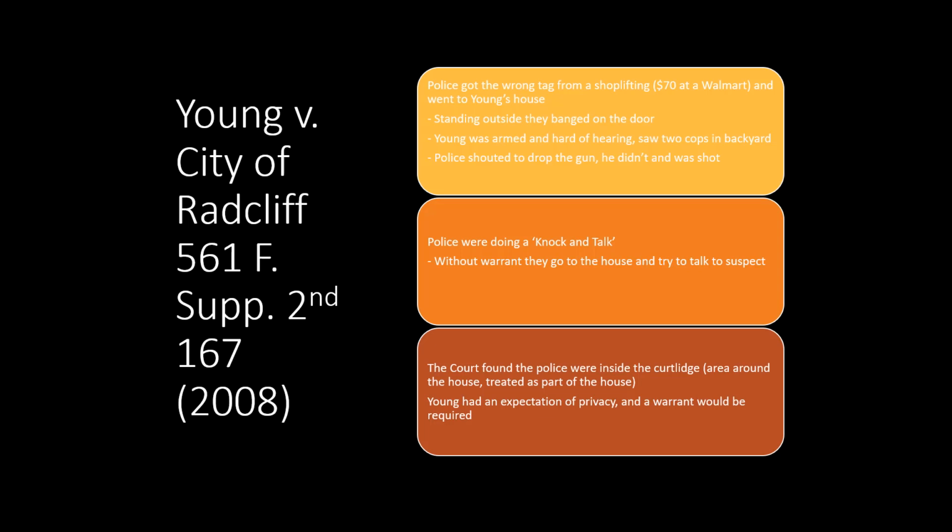Basically, what the police were doing is they went and got an arrest warrant, but not a search warrant. Now, the interesting thing is it's the wrong information, okay? Young was not at the Walmart, nor in any way involved with the shoplifting. However, his tag, and we're talking about the license tag that he had in his car, was wrong.